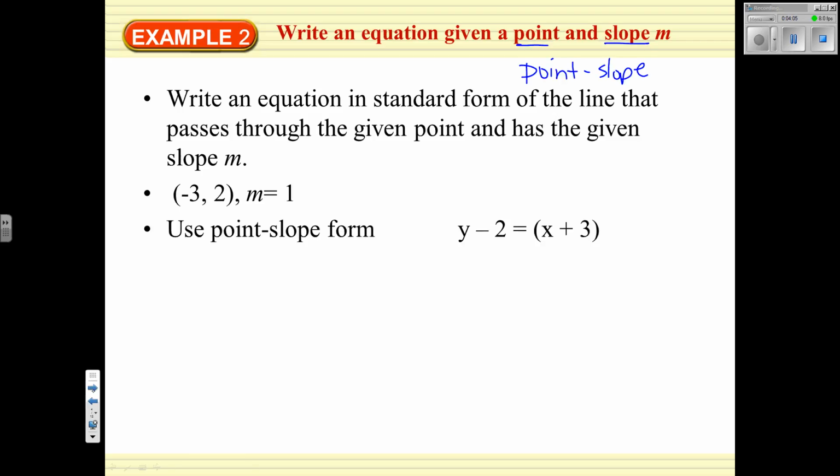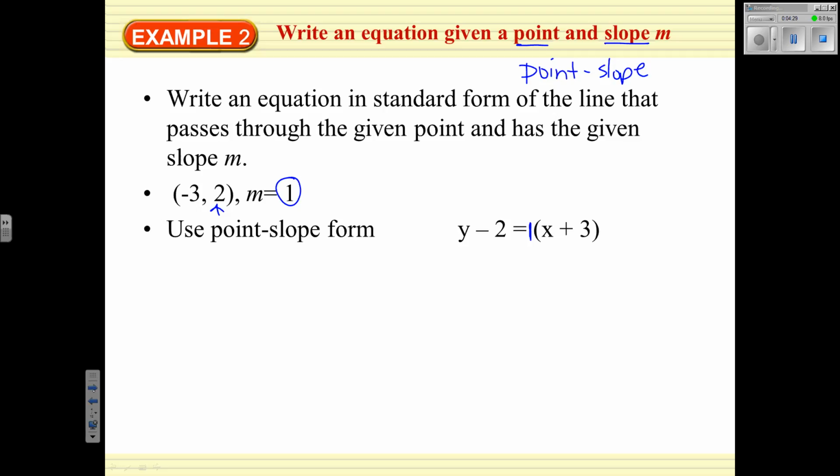So we did y minus 2 equals, and notice there's no m out front because it's an understood 1. Since our slope is 1, we have an understood 1 out front. And then we have x plus 3 because x minus a negative 3 makes it positive. This is just what we did the last couple of days, point slope.